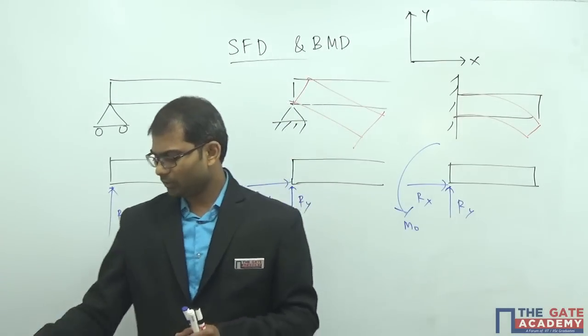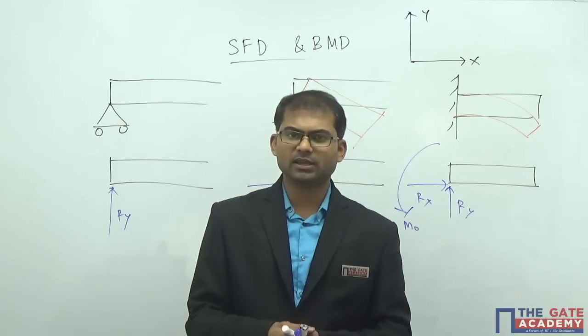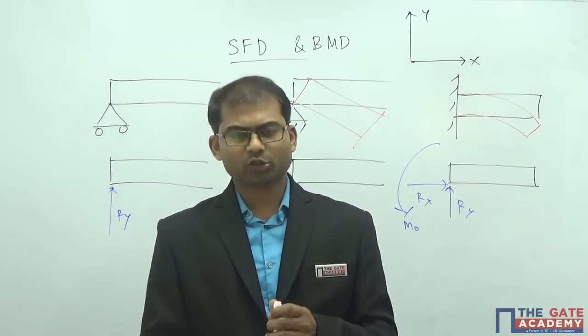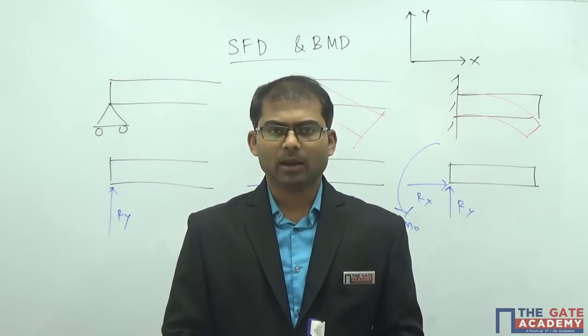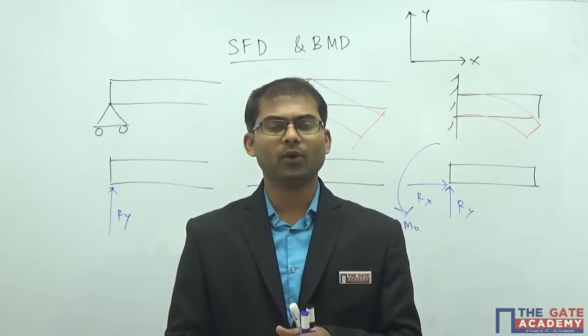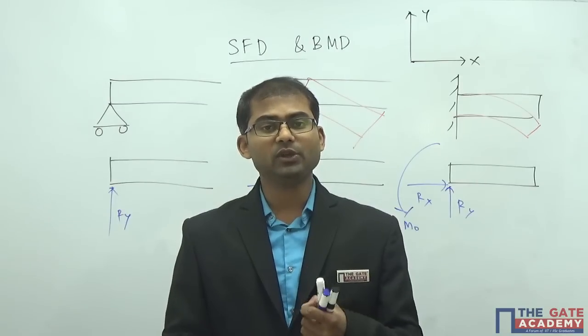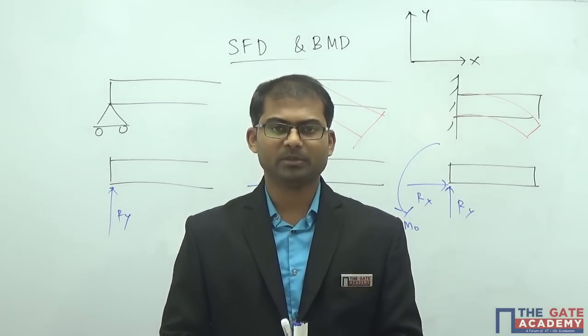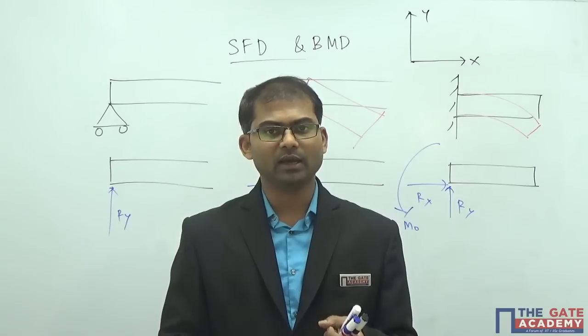Okay, now let's enter into the main part. We have to draw the shear force diagram and bending moment diagram. But to draw them, we must know the values of the unknown reaction forces, that means the Rx value, Ry value, and M naught value.